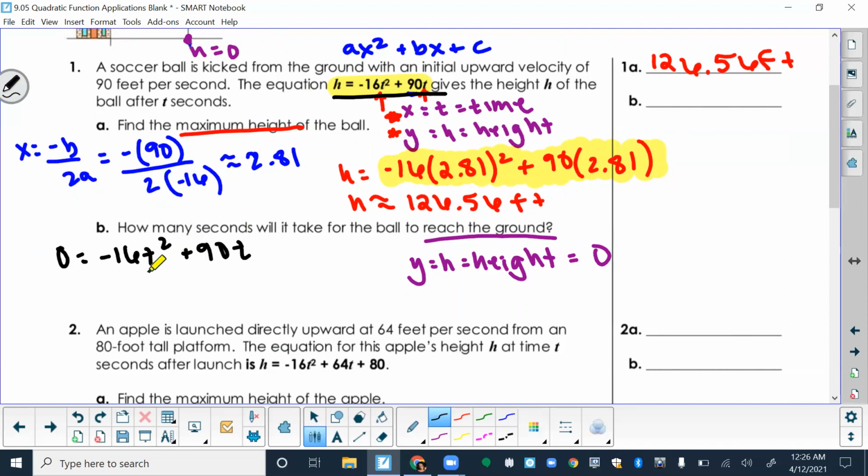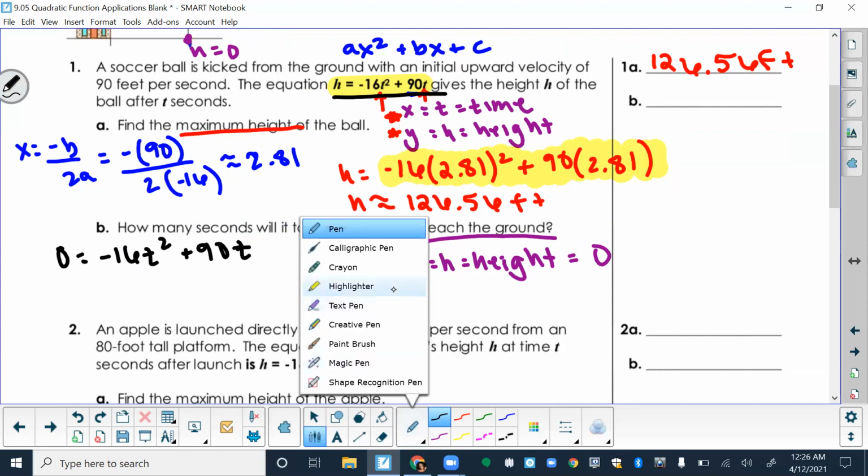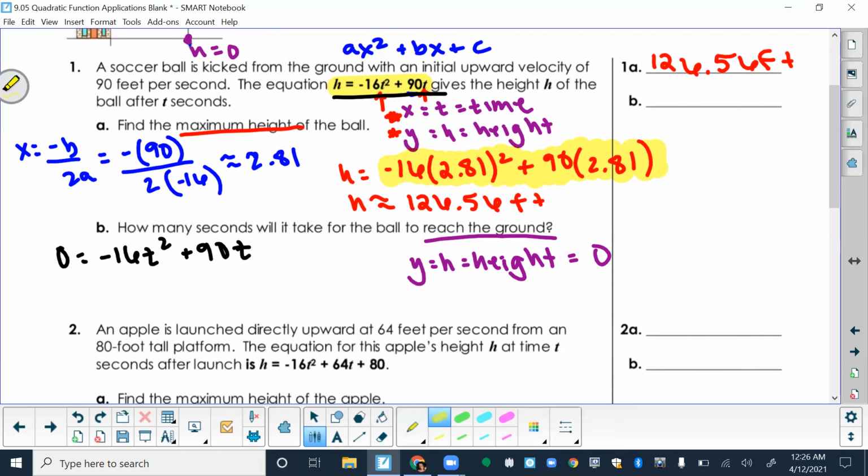We can solve this a number of ways. If you want to see how it's solved by factoring, then look at the notes in Schoology that are posted. But to save time on this video, to make it short, I'm going to plug this into Desmos and solve it by graphing.